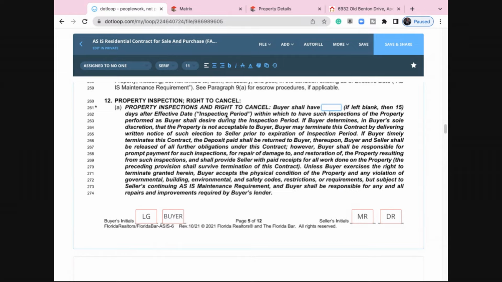We should call this the inspection period, within which to have such inspections of the property performed as buyer shall desire.